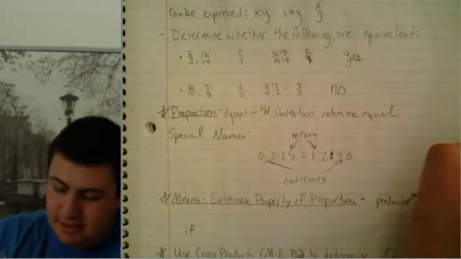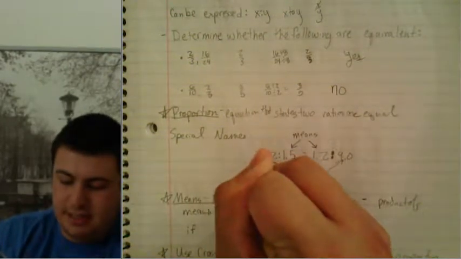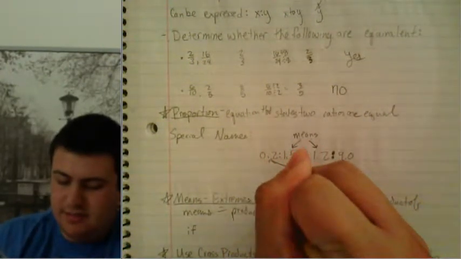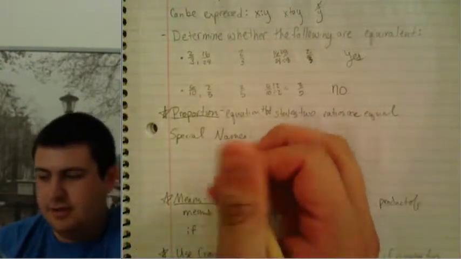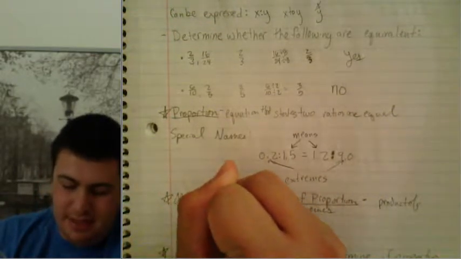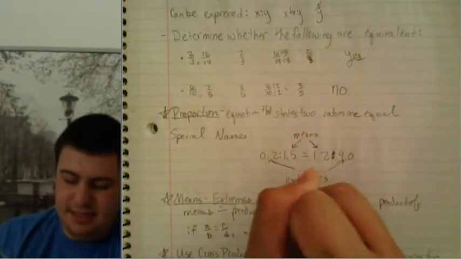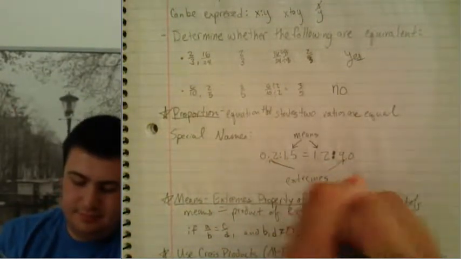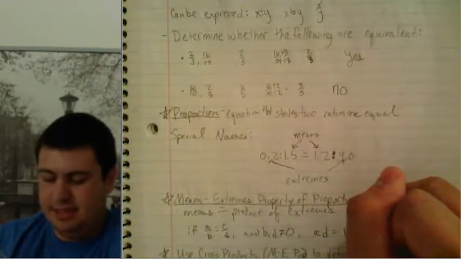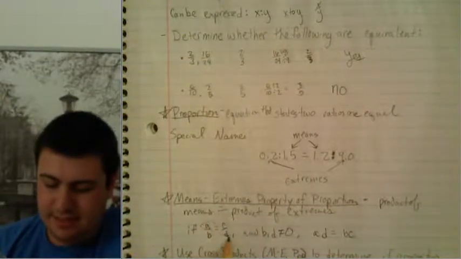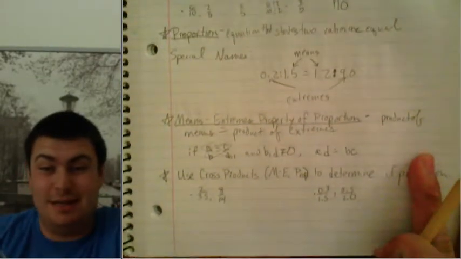So if A over B equals C over D, and B and D do not equal 0, then A times D equals B times C. These are our means and our extremes. It's kind of like saying the cross product is equal.